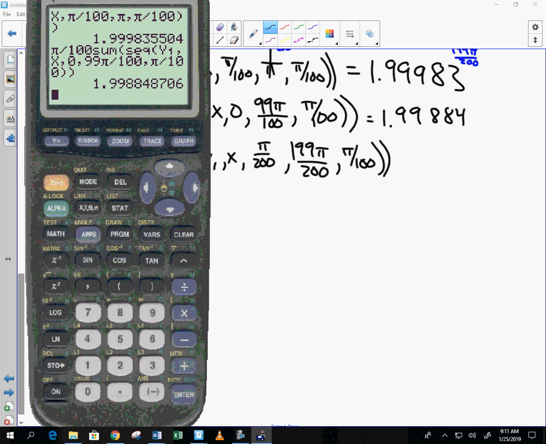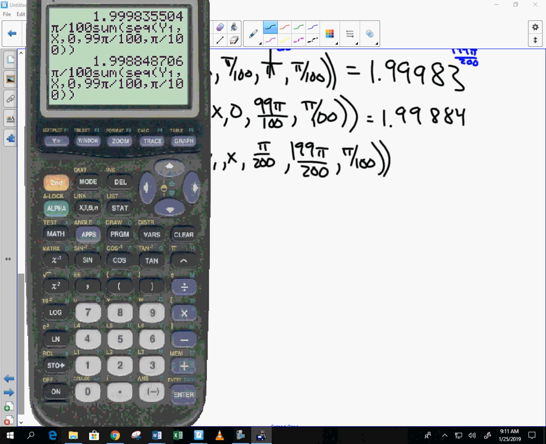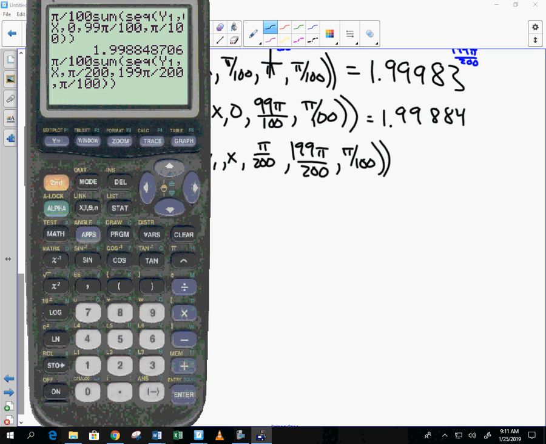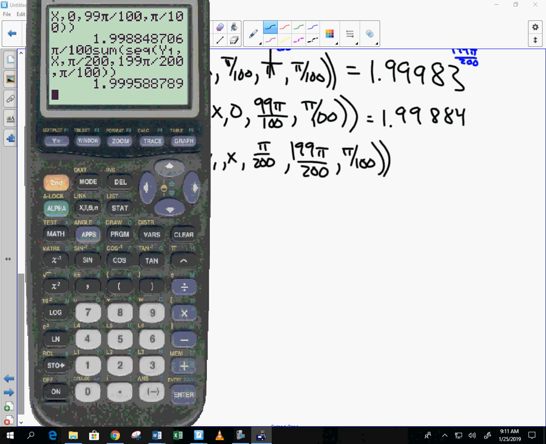All right, so we take that entry and go back in, and we don't start at 0. We start at pi divided by 200, comma, we go to 199 pi divided by 200, and then we tell it the width is pi divided by 100. Alex got 0. That's wrong. I press enter. My calculator has to think for a long time because this is super difficult to do. And I get 1.99958. Cool.